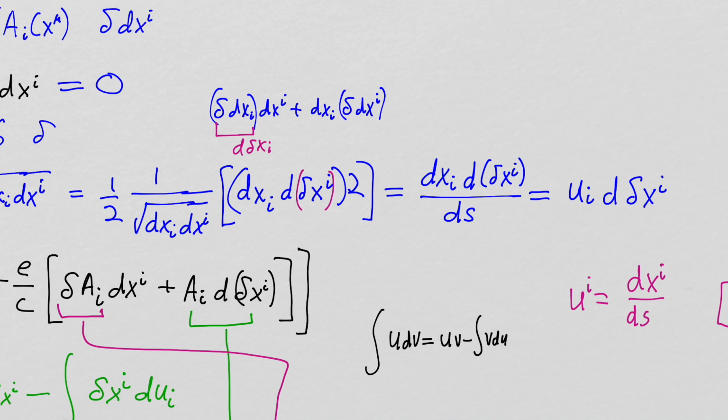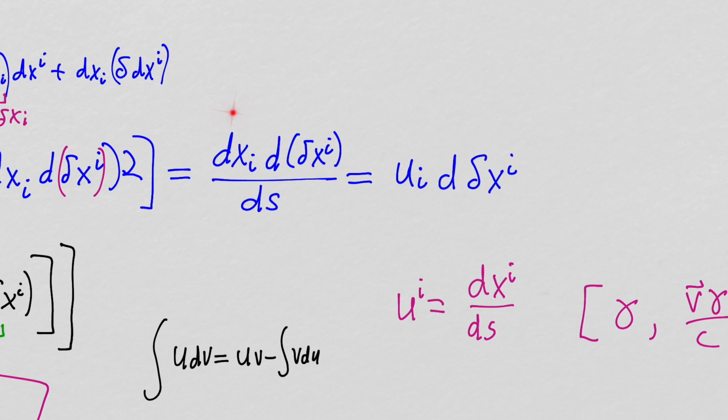The way Landau and Lifshitz writes this is he writes this expression, dxi ds, as a component of the 4 velocity, multiplied by the differential of the variation. Remember, this is a function. It's the differential of the variation.